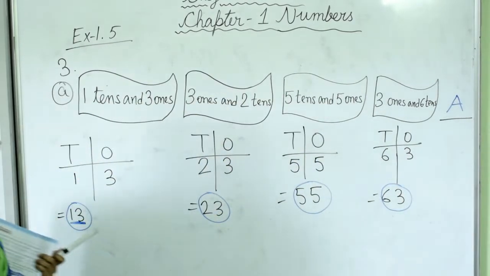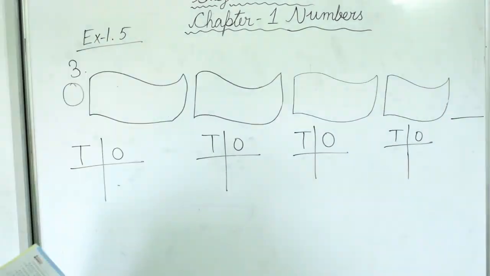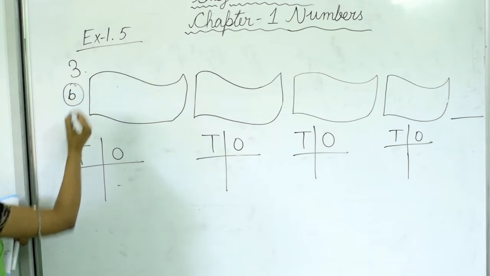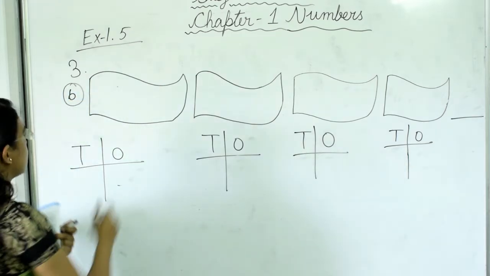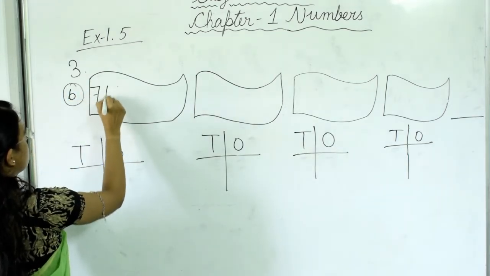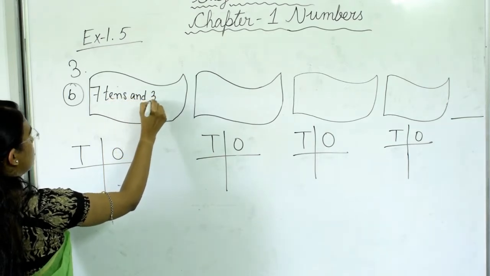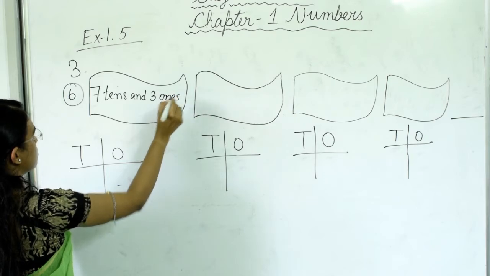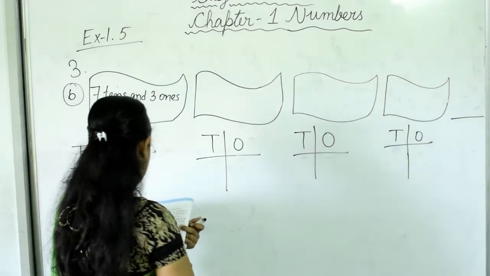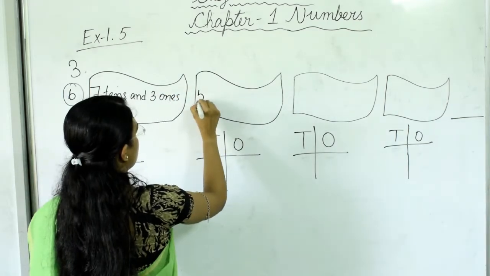Okay. Now next question is question number B. In question number B, what is written? 7 tens and 3 ones. Then after this, 5 tens and 3 ones.